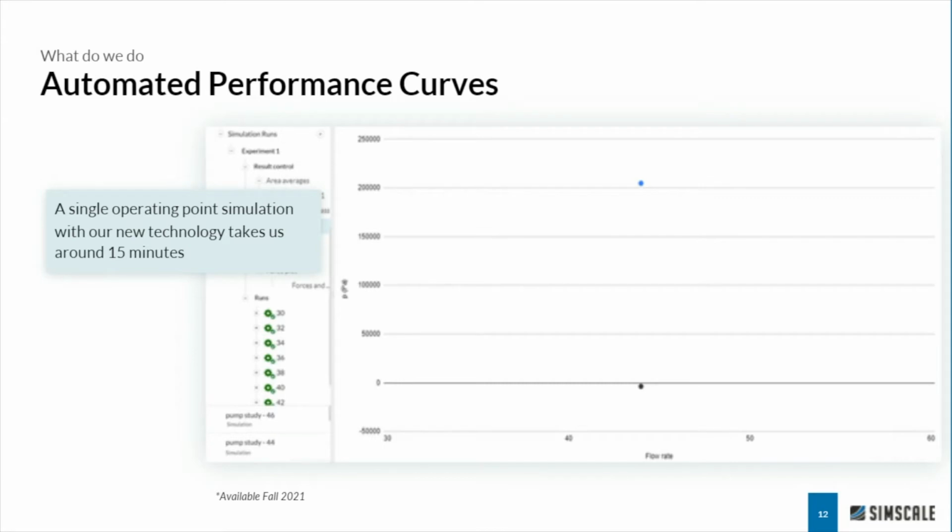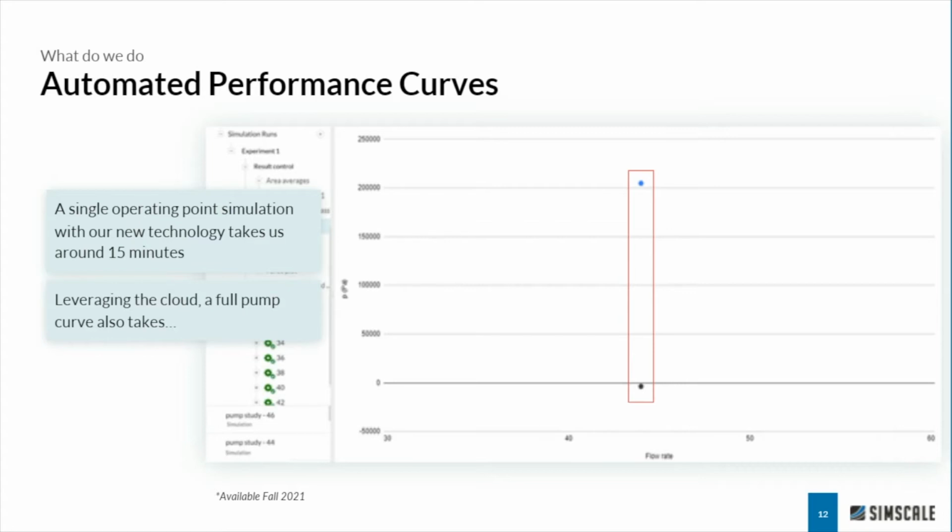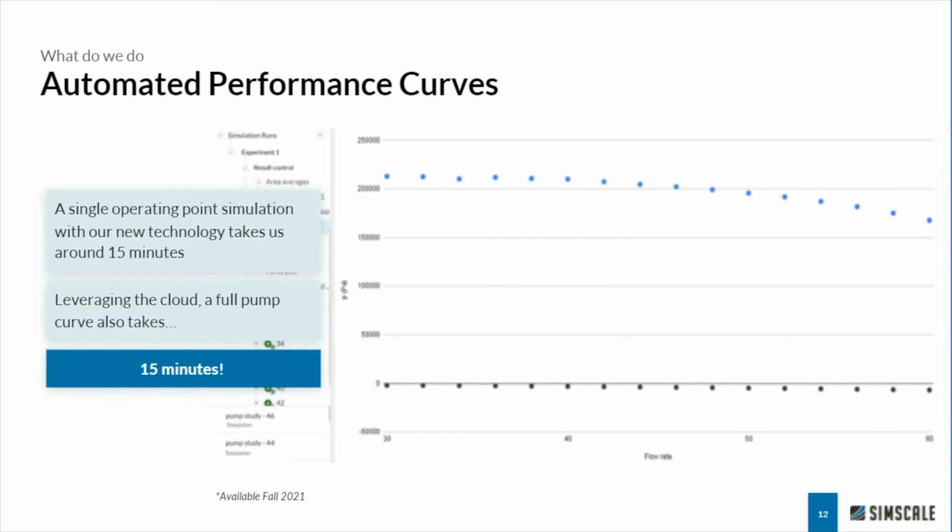But as SimScale is cloud-based and it uses the actual power of the cloud to have virtually unlimited scalability, what we can also do, if you want to get the full performance curve with 20 data points, this as well just takes 15 minutes, because we can run all the desired simulations in parallel and get the results as well in 15 minutes. So this is just an example that highlights what becomes feasible with the cloud that might not be feasible today with local simulation hardware and software.